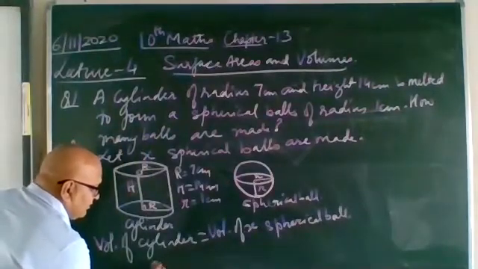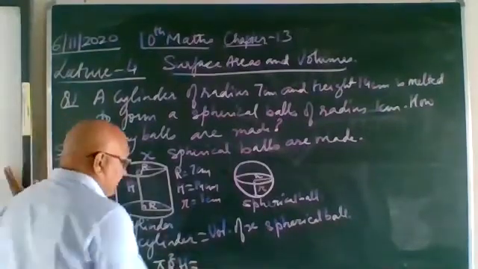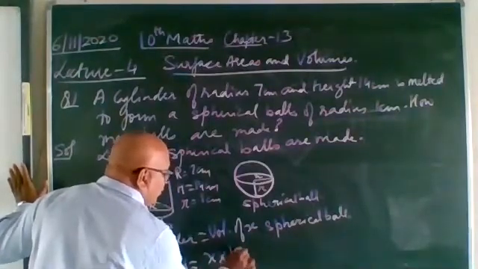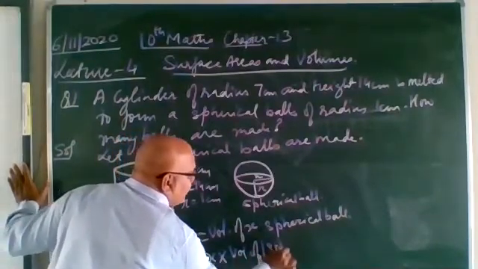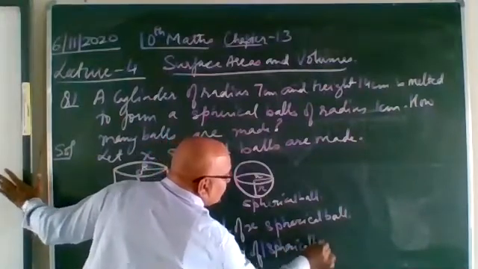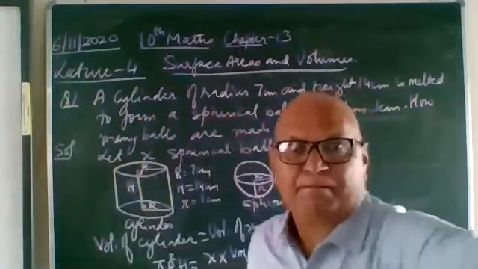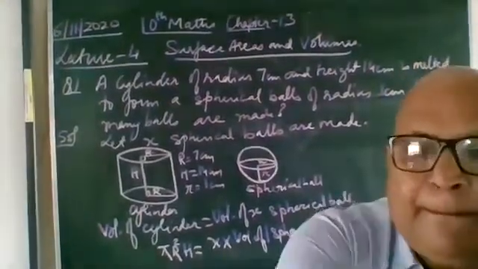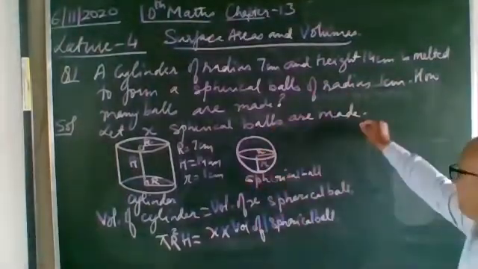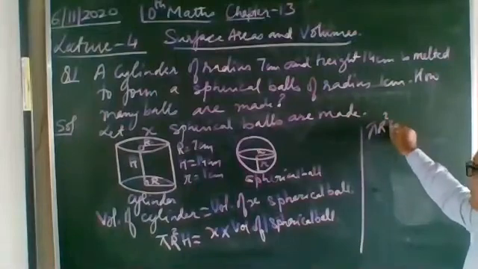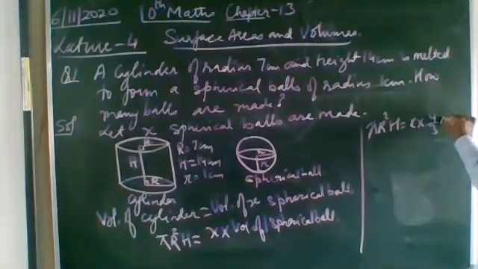Now volume of cylinder pi R square H equal to x into volume of one spherical ball, that is pi R square H equal to x into 4 by 3 pi r cube.